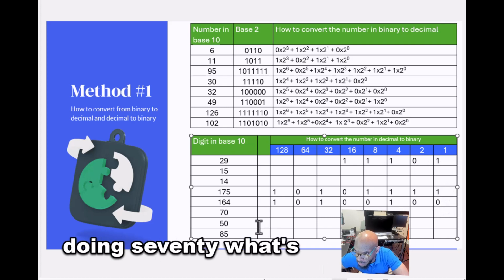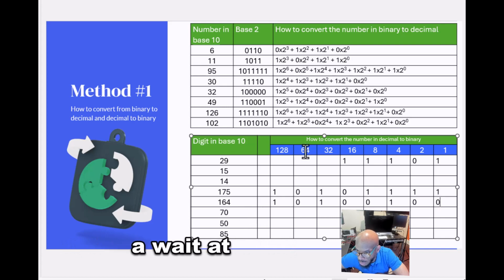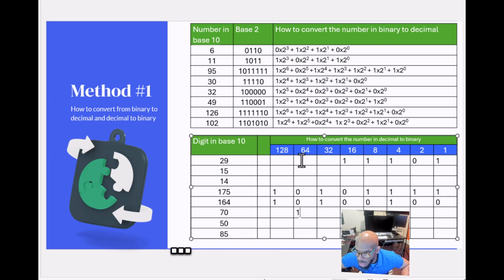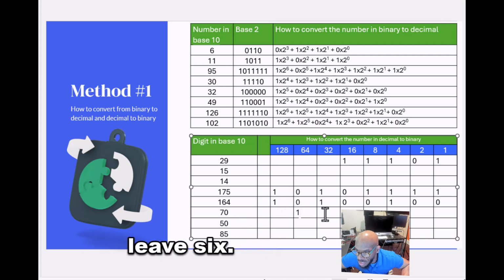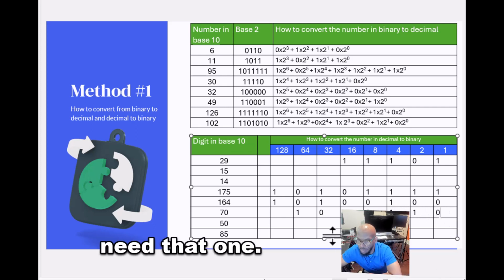Now when you're doing 70, what's the closest number to 70 without going over for a weight? That's 64. Put your 1 in there. Taking away 64 from 70 is going to leave 6. So we don't need that one, we don't need that one, we don't need that one. We need this one, and we need a 2. And we don't need that one.